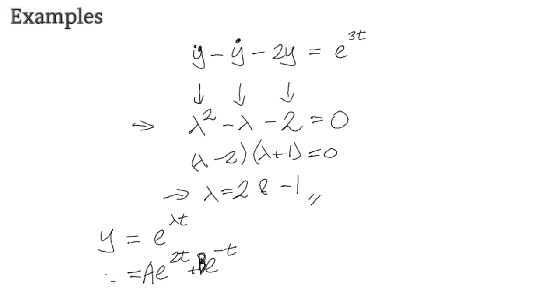So we have a general solution of y equals a e to the 2t plus b e to the minus t. This would be our general solution. Note that there is no plus c just yet, because we don't need to add this until we solve the second part, which is the particular integral.